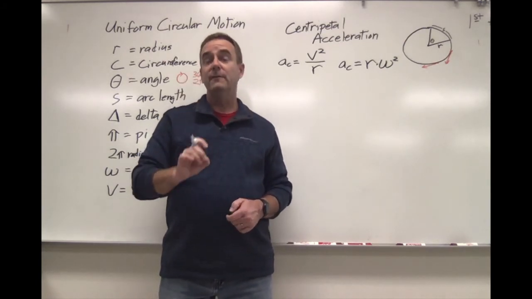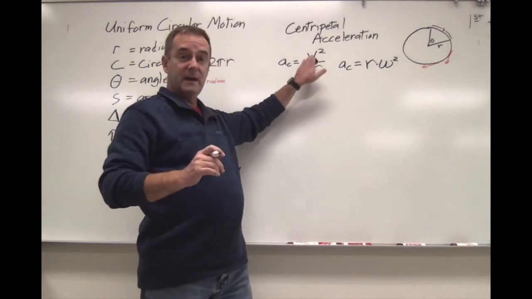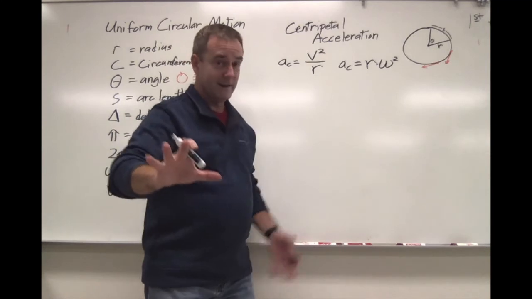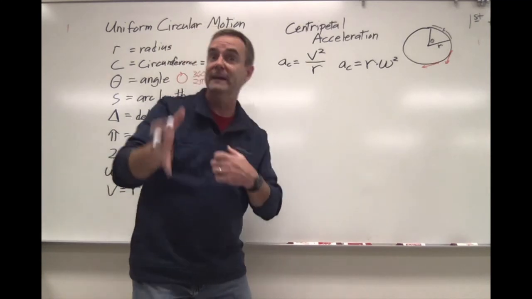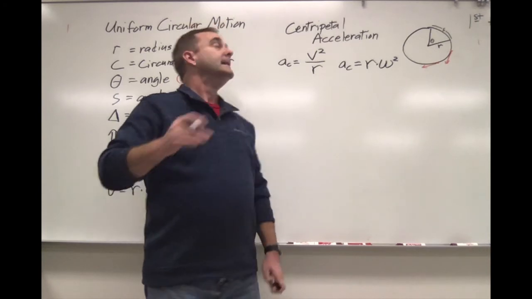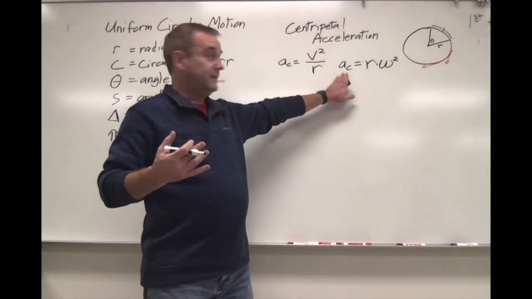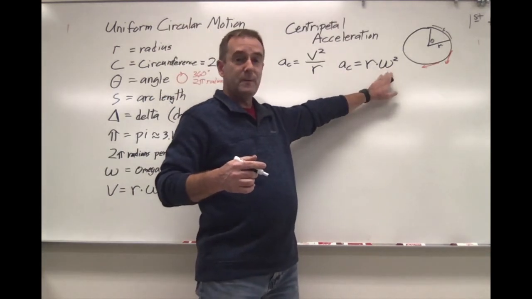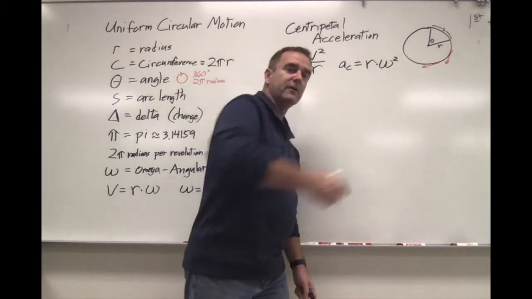It's just that one of them is in terms of the linear speed, how fast the outside of the tire is moving, which, remember, is exactly equal to how fast the vehicle is moving forward that's attached to the tire that's spinning on the ground. Or the centripetal acceleration based on the angular speed, which is how fast something is turning around.